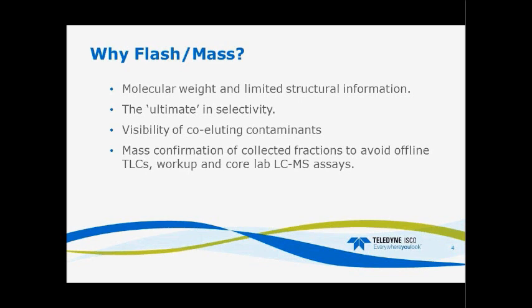Often today, customers run their samples, collect the fractions, and then they either run a TLC plate to verify what tubes their compound of interest is in, or they go through a workup, place an aliquot out of each tube into an autosampler vial, take it down to a central open access or core lab LC mass spec, and run a quick HPLC trace with mass spectral information to determine where their compound of interest is located.